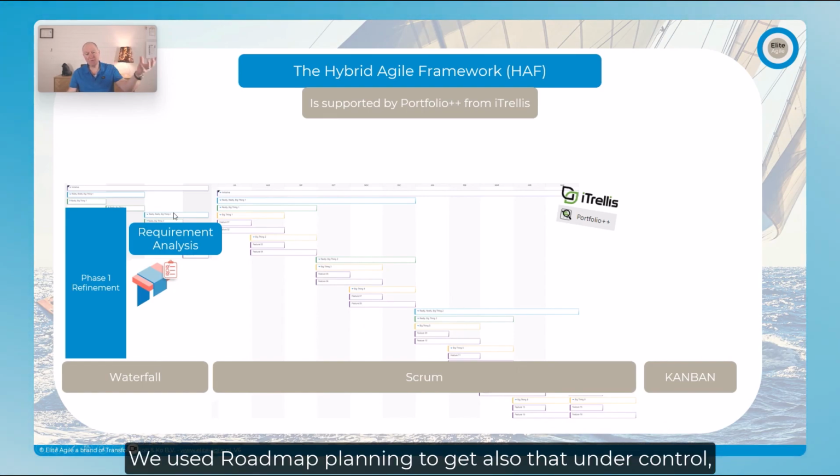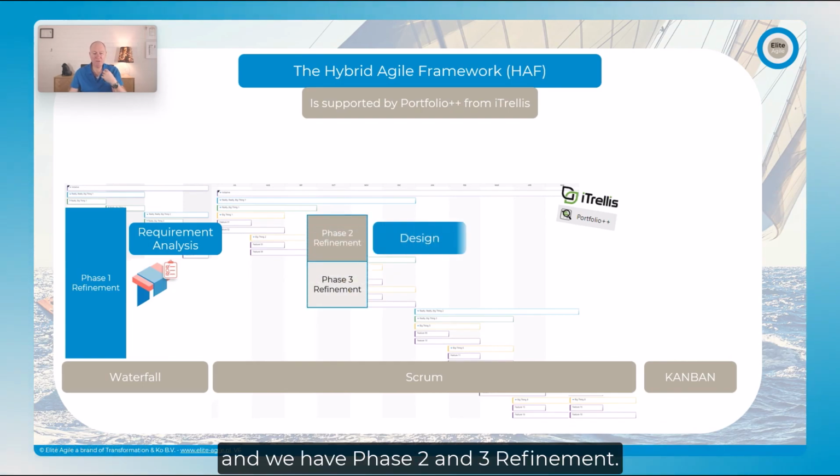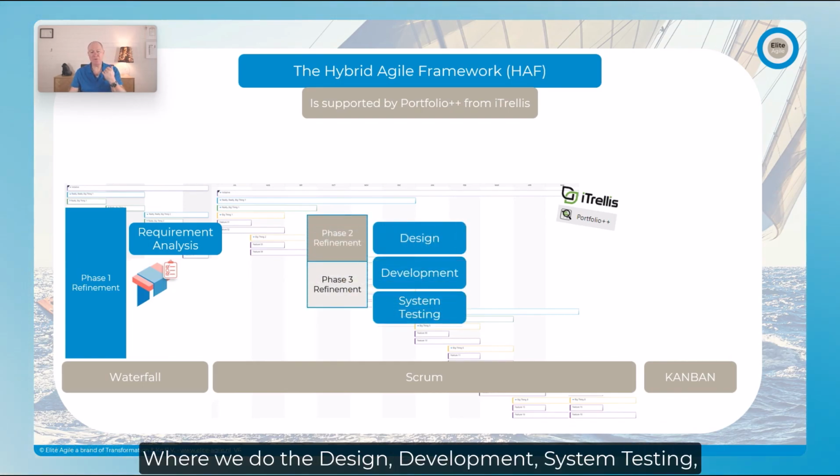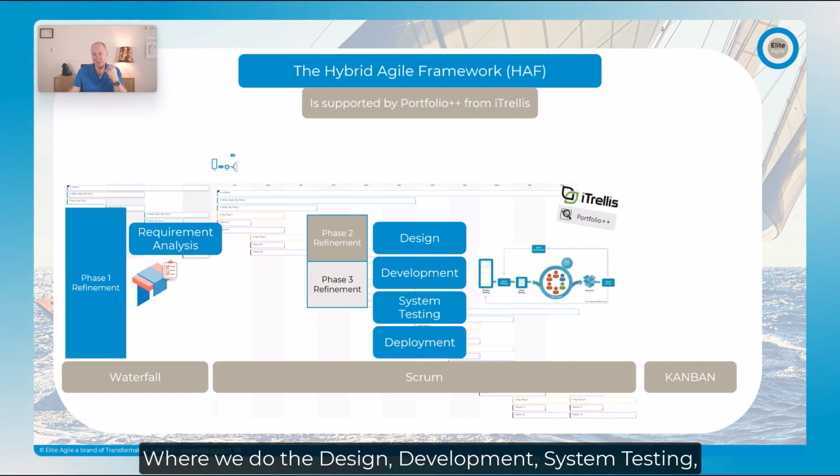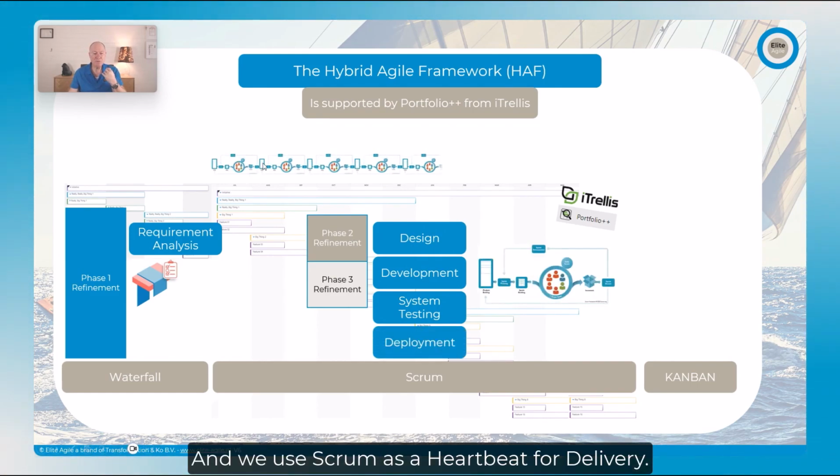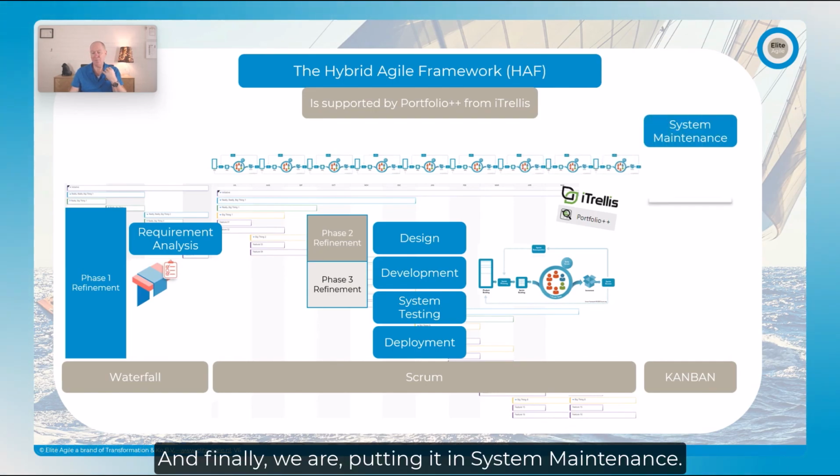We use roadmap planning to get that under control. And we have phase 2 and 3 refinement, where we do the design, development, system testing, and deployment. We use Scrum as a heartbeat for delivery. And finally, we put it in system maintenance.